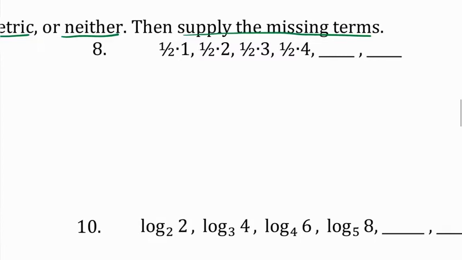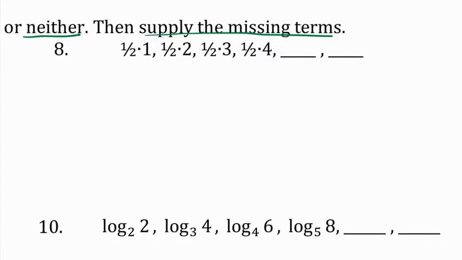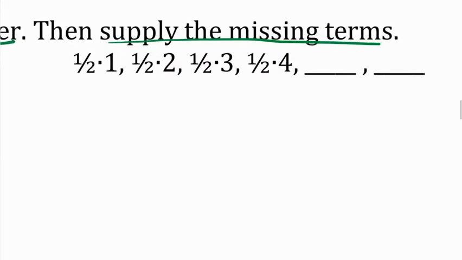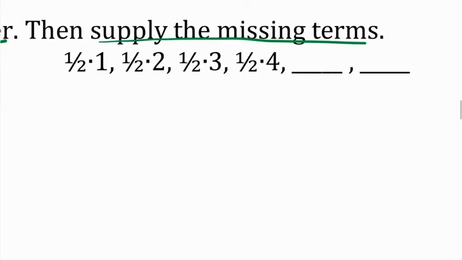Okay, number 8, our next one here. Again, we're looking at what am I increasing it by? Am I adding or am I multiplying or neither, right? So we've got here at this time, each term is being multiplied by 1/2, right? So I think it would be easier if we actually do that multiplication to see the terms.